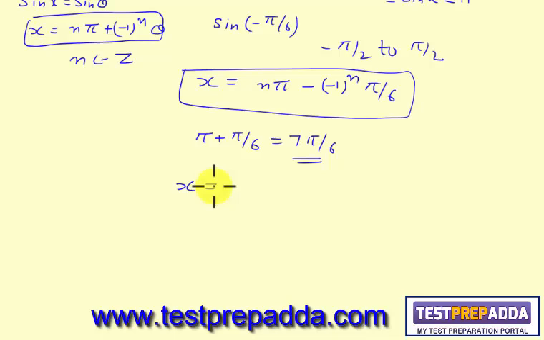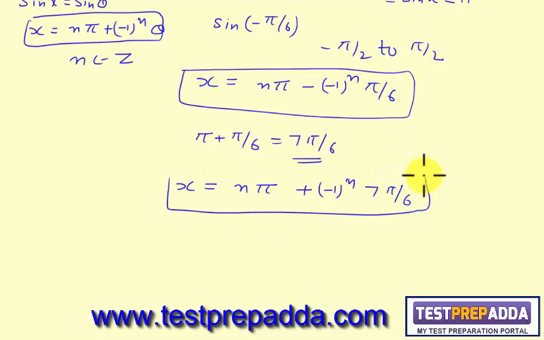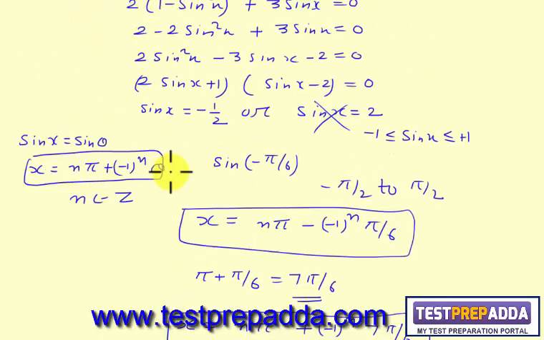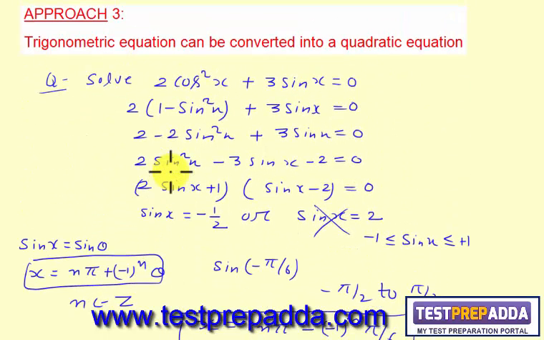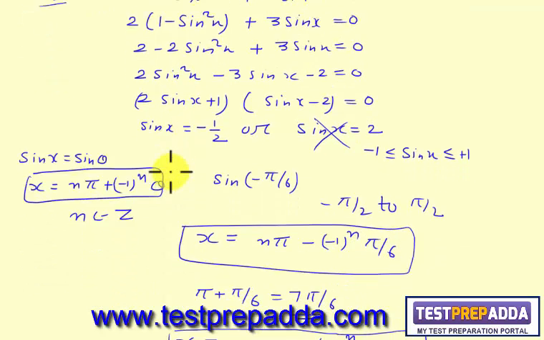So x will be written as n pi plus minus 1 to the power n times 7 pi by 6. So in the exam, they may give you the solution in this form also. So this is approach 3, where the given trigonometric equation is converted into a quadratic equation, and then we got the solution.